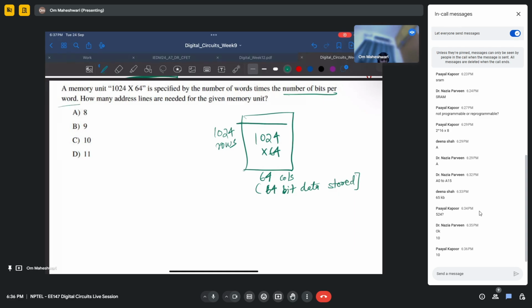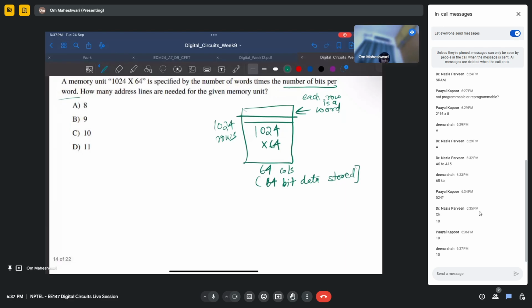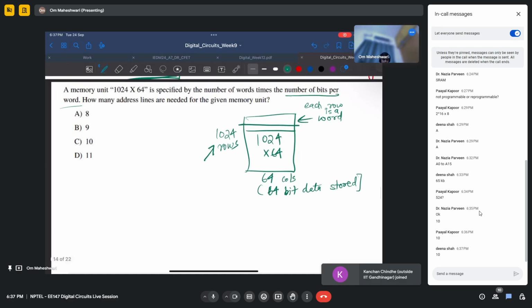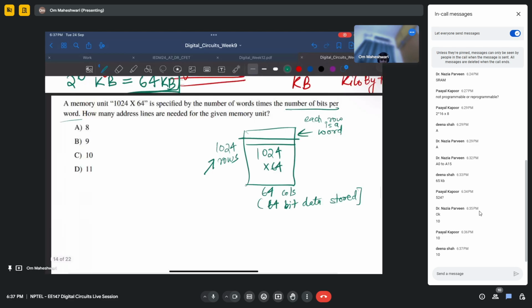So basically each row in a cell we call it a word. So we have to tell how many address lines are needed to access these 1024 rows. Okay, so you have correctly answered. It is 10, right? Because 2 to the power 10 is 1024.